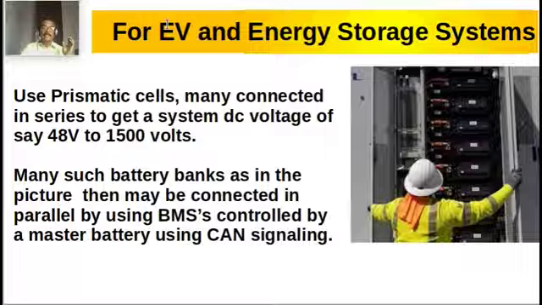So for electric vehicles and energy storage systems, the recommendation is to go for prismatic cells, and connect a number of them in series to get the required system voltage. System voltage may typically be around 48 volt in some systems, or it can go up to 1000 volt or even 1500 volt.